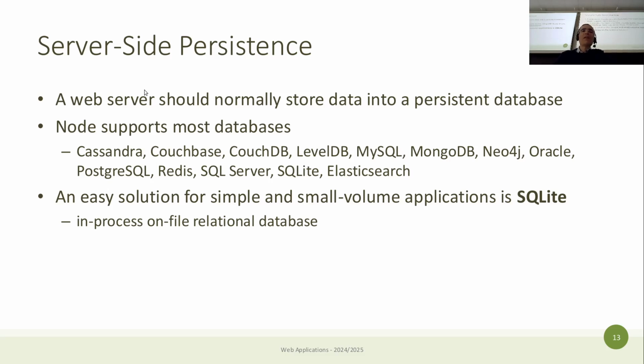So to have a web server that can do something interesting, we need to be able to store information. Okay, otherwise it's really too simple a web server to develop something interesting. And to store information, the best thing that we thought for this course is having a persistent database.